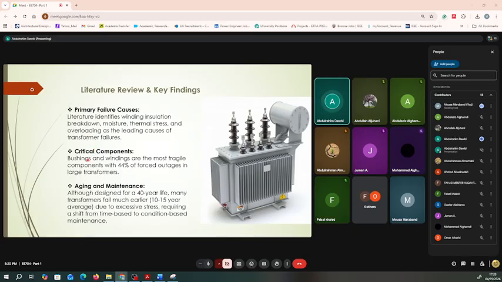Critical components, bushings and windings are the most fragile components, with 44% of forced outage in large transformers. Aging and maintenance. Although designed for a 40 years life, many transformers fail much earlier, 10 to 15 years average, due to excessive stress, requiring a shift from time-based to condition-based maintenance.